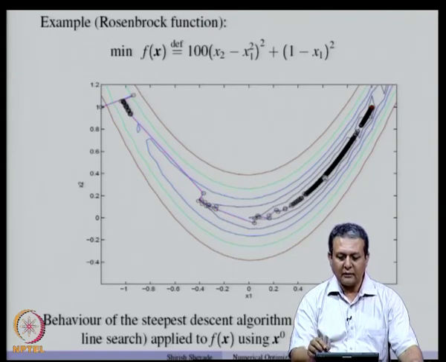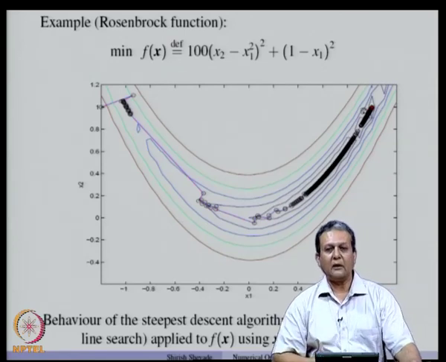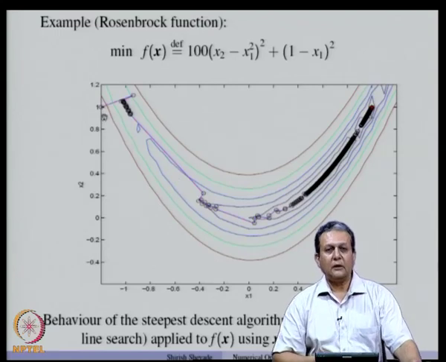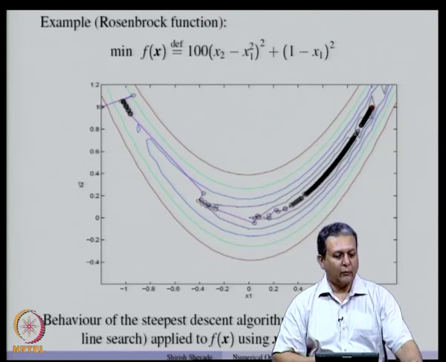So, you will see that here the step sizes are really small before finally the algorithm converges. Okay. So, a lot depends on initial point, especially the number of steps needed to reach the final point depends a lot on the initial point.